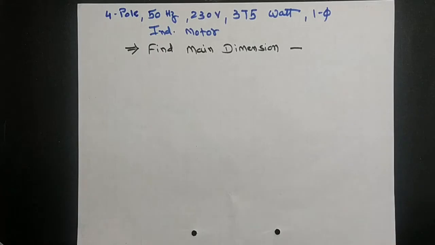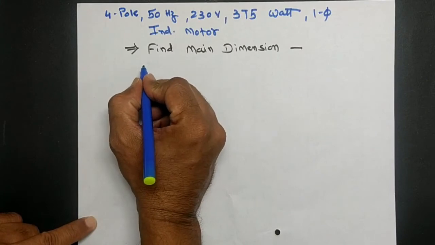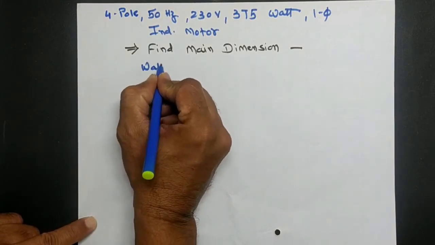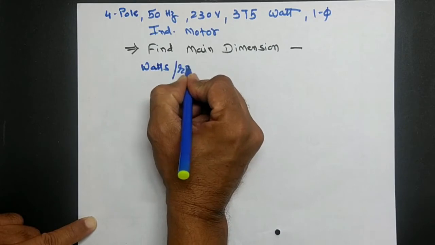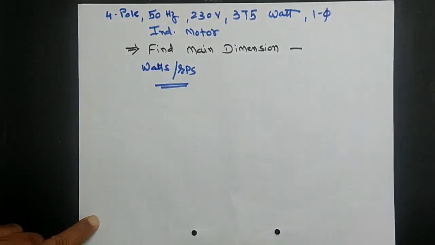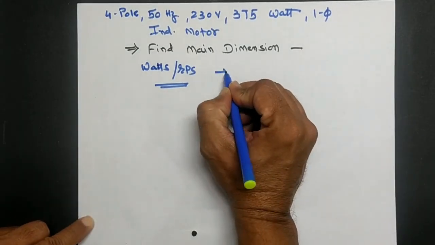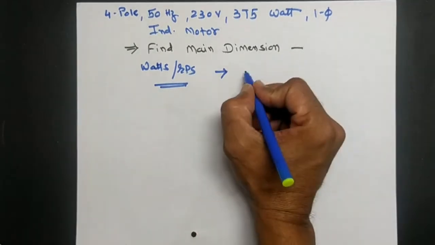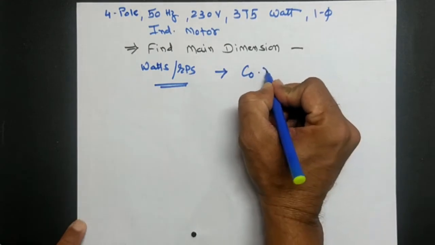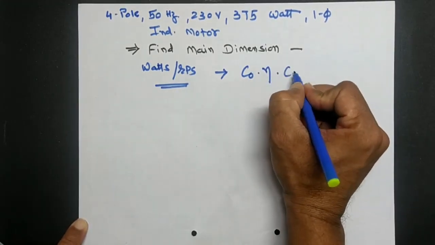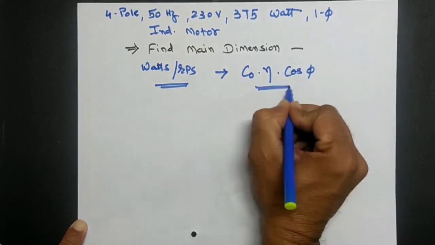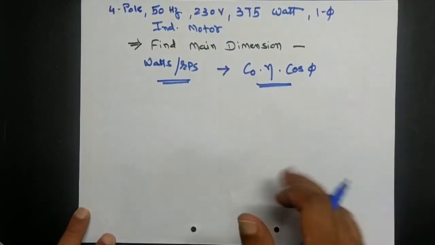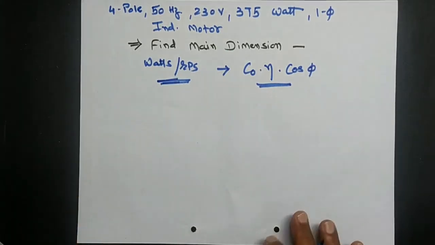Now let us start with one simple calculation. In case of single phase induction motor, we know that the watts per RPS ratio is very important, and based on this ratio we'll be able to find another quantity from the standard table, that is C0, efficiency η, and power factor cos φ.